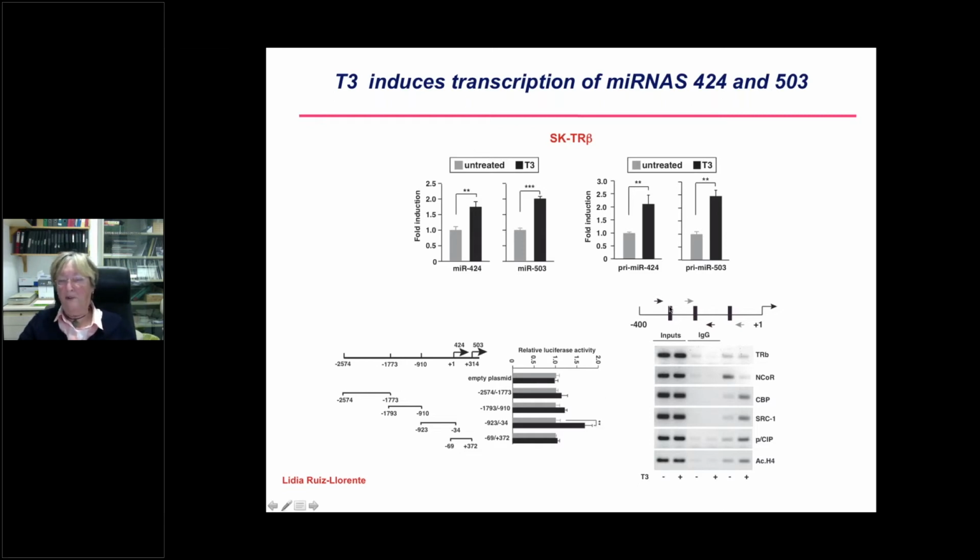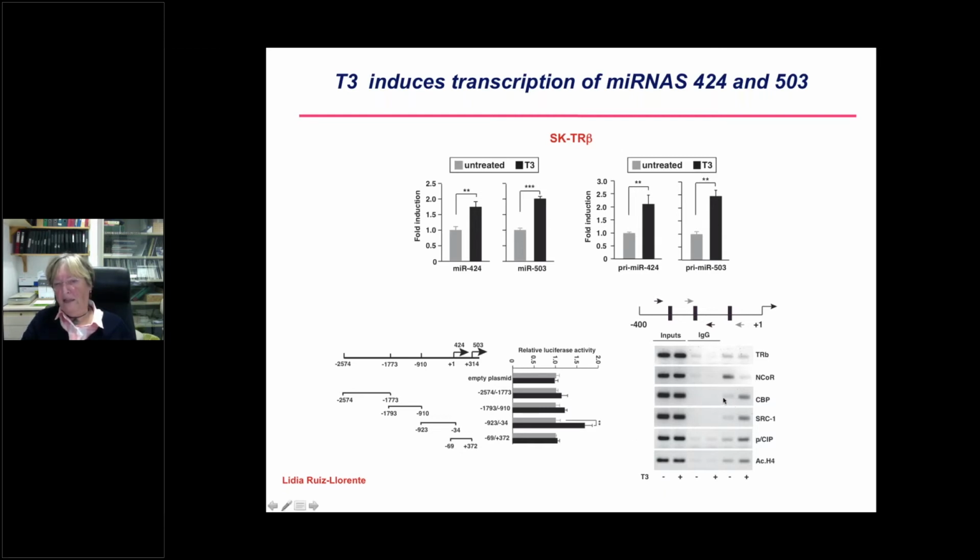And in fact, the promoter of these microRNAs contains thyroid hormone response elements. You can see here, in chromatin immunoprecipitation assays, that the receptor binds constitutively to the promoter. In the absence of ligand, the corepressor NCoR is strongly bound, but is released from the promoter in the cells incubated with T3.